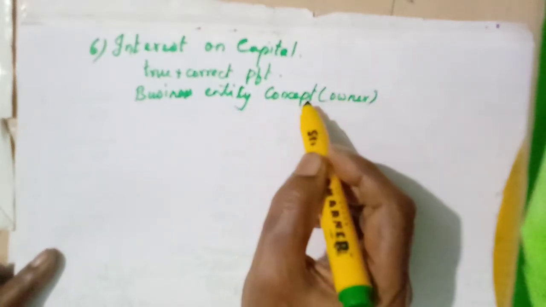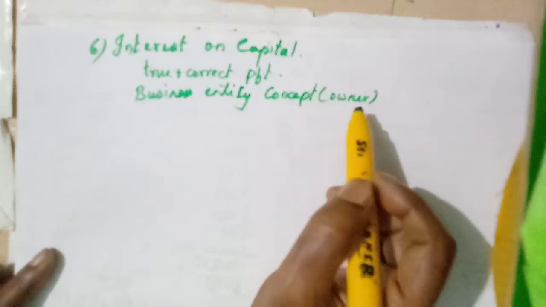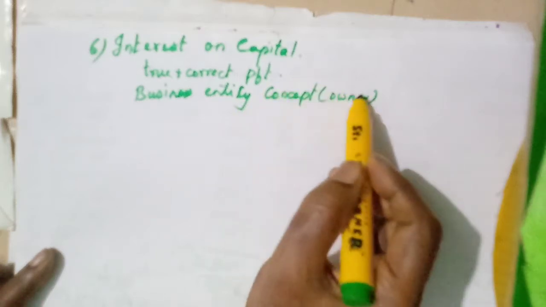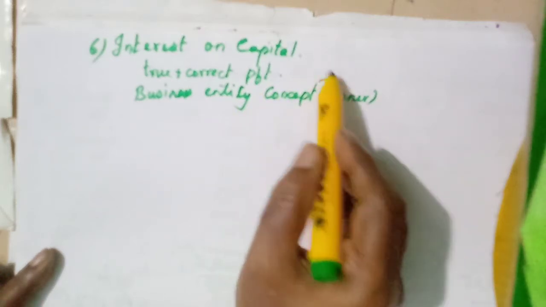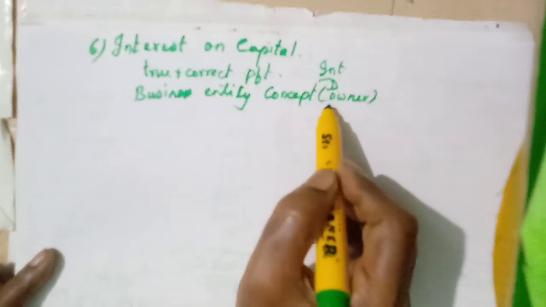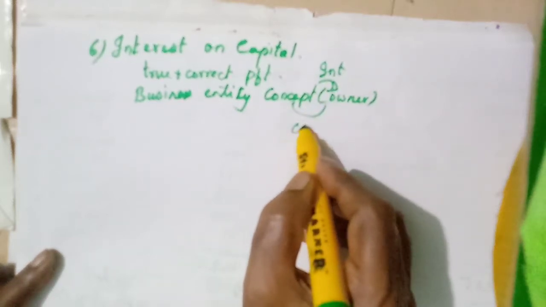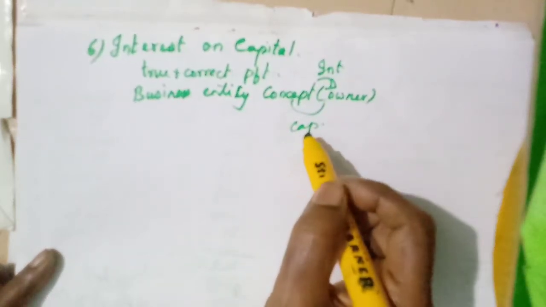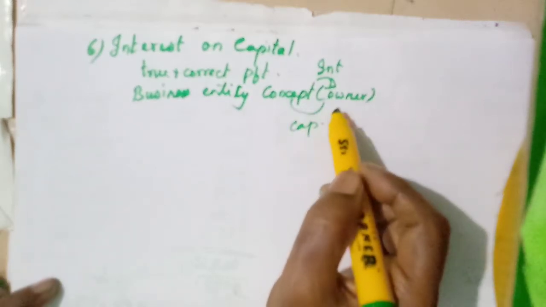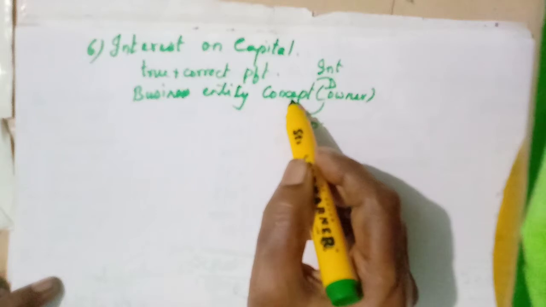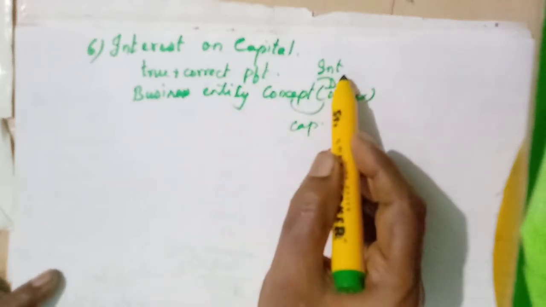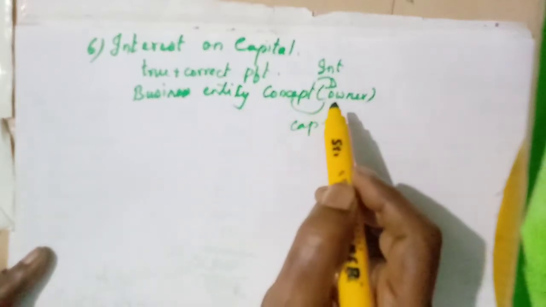So for that purpose, the business has to give back interest to the owner. Okay, the owner is investing capital, so they are considered separate. So owner invests money in the business and the business is paying interest for that capital.